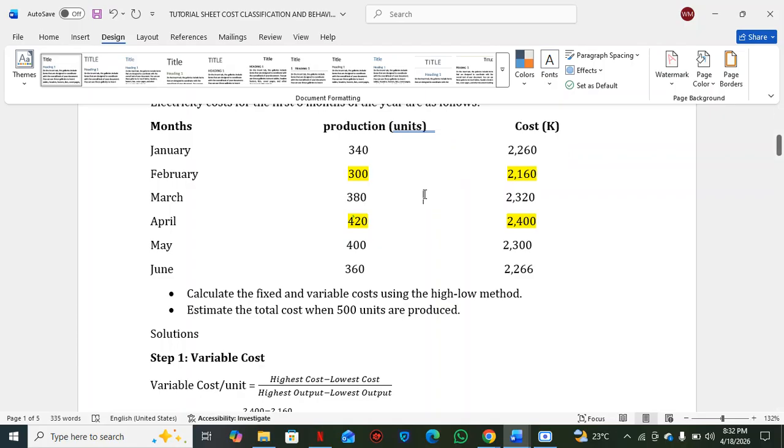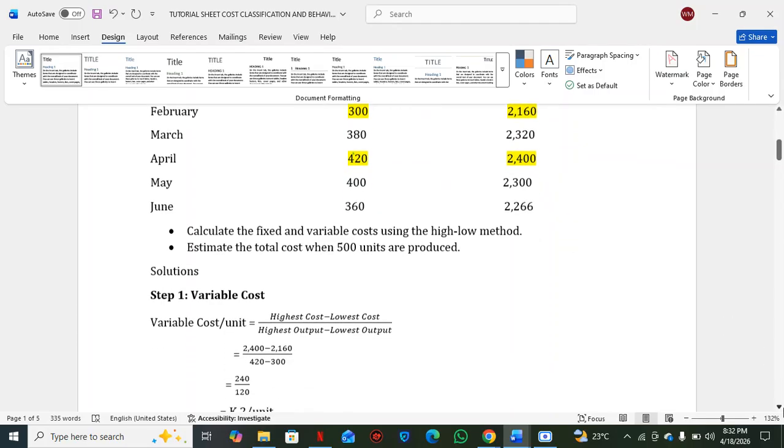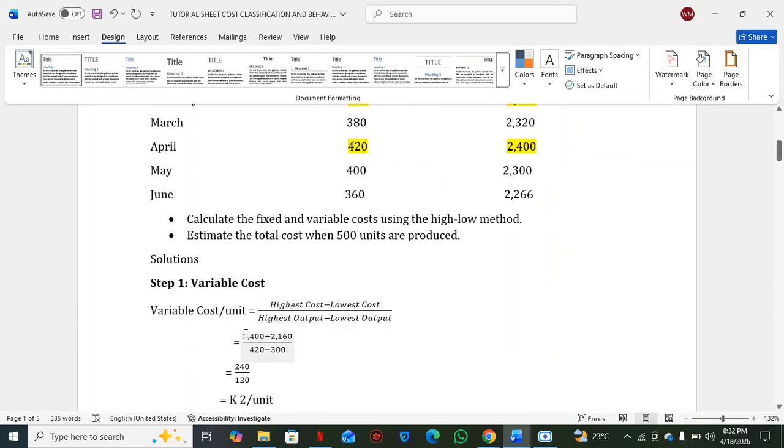We're trying to get the variable cost per unit, so we need the highest cost, lowest cost, the highest output and the lowest output, which we've got here. So in our formula, highest cost 2,400 minus lowest cost 2,160 over highest output 420 minus lowest output 300.